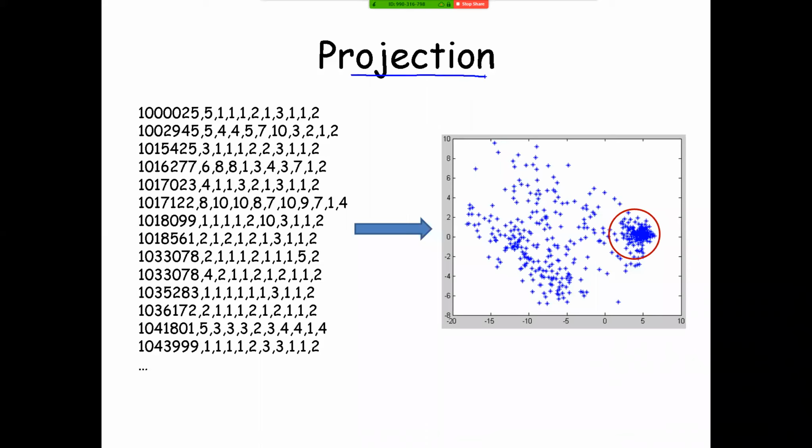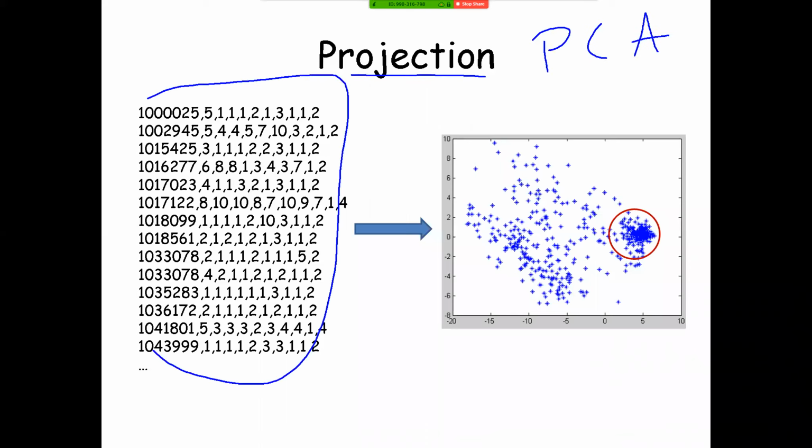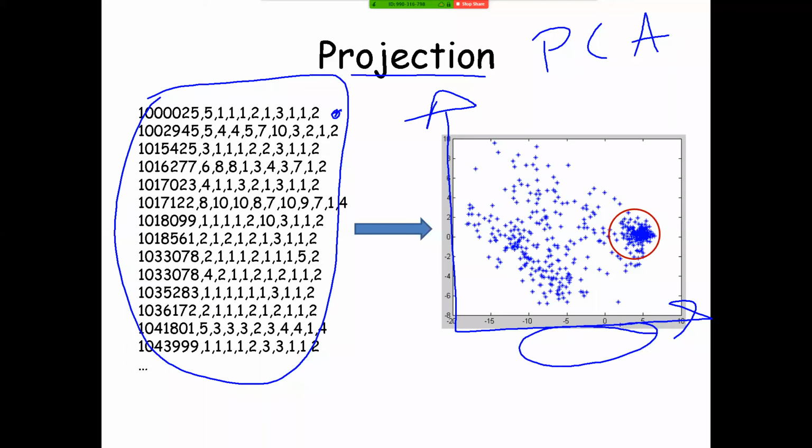A projection method like principal component analysis takes high dimensional data, so each point is in high dimensions, we cannot really visualize it easily, and reduces that to 2 dimensions, where these dimensions no longer have labels on them. Okay, we'll just call this one principal component 1, principal component 2.